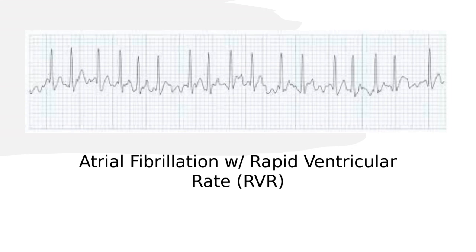If somebody comes in with this, when would you cardiovert them? If they're on blood thinners. Because if you just go ahead and shock this and they're not on blood thinners, you have the risk of breaking that clot loose and then you're running into more issues.